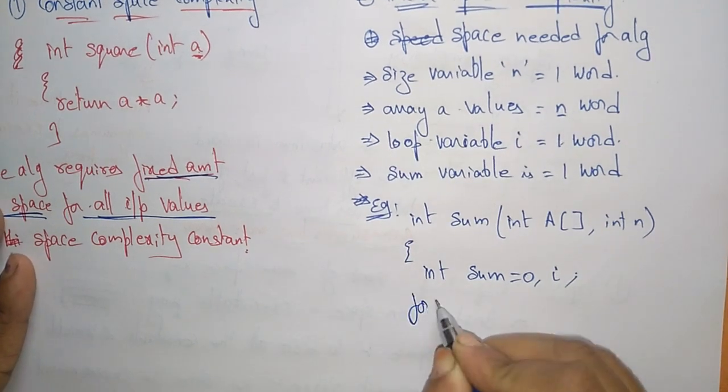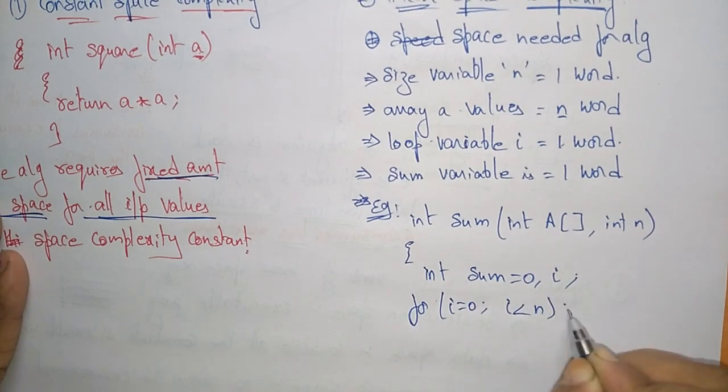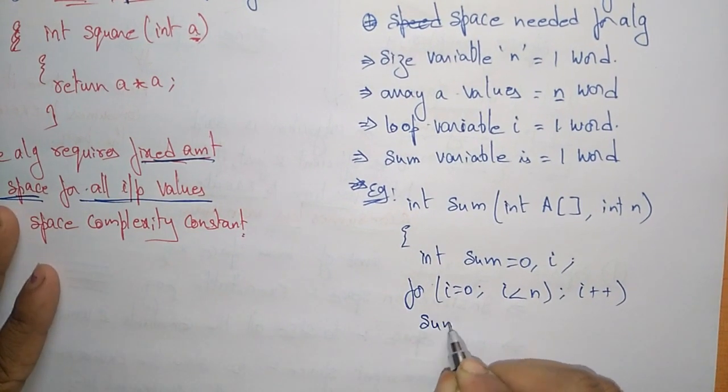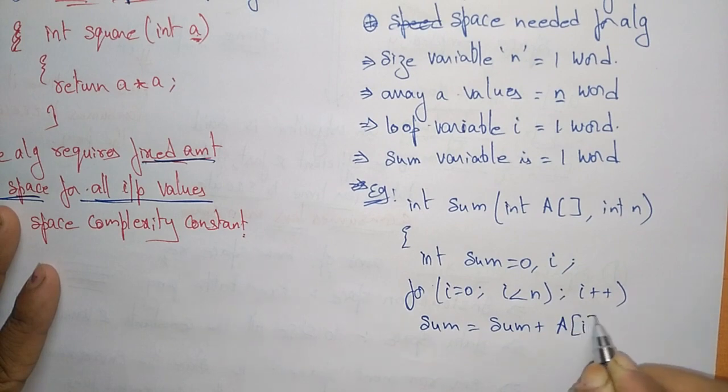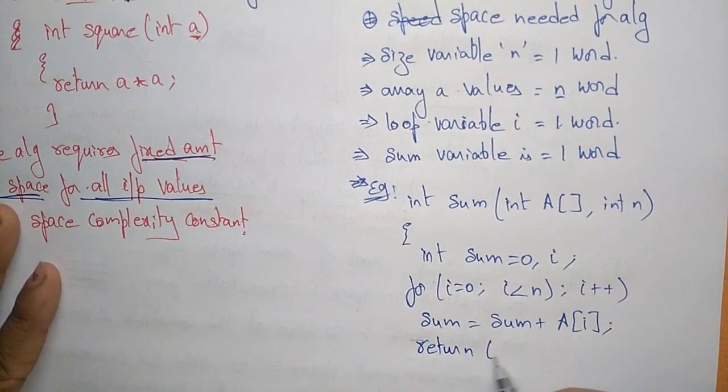Then I am using the loop: for i = 0, i < n, i++, sum = sum + a[i]. Return sum. So this is a program that represents an algorithm.